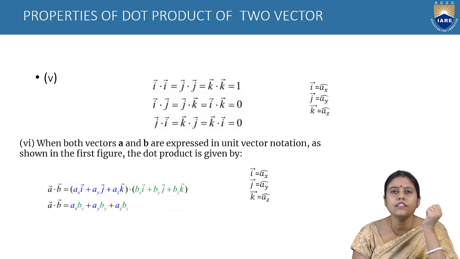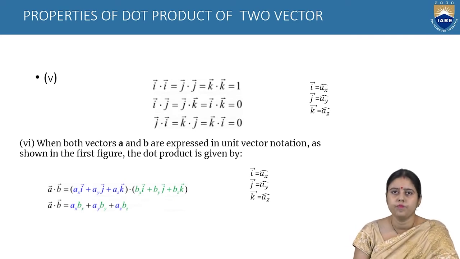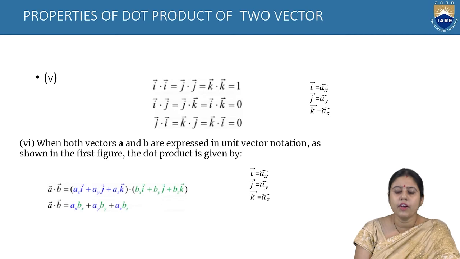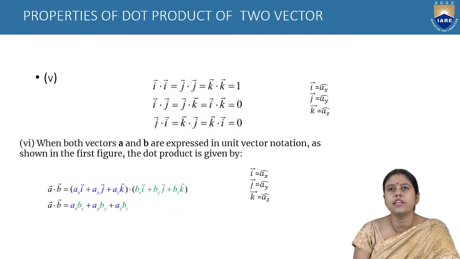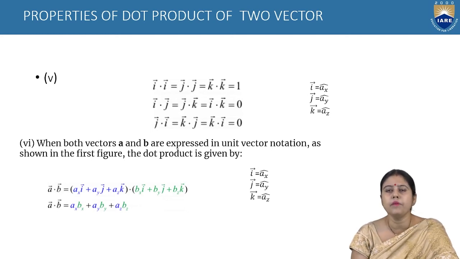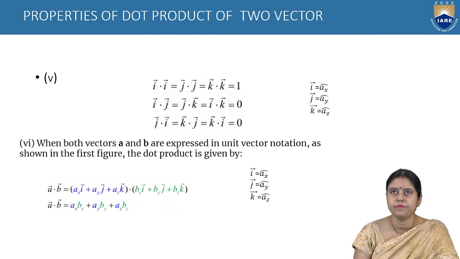And there is no direction. Why? Because if i is multiplied with j, it will be 0. If i is multiplied with k, it will be 0. So, these terms will cancel out, and we will get Ax Bx plus Ay By plus Az Bz.